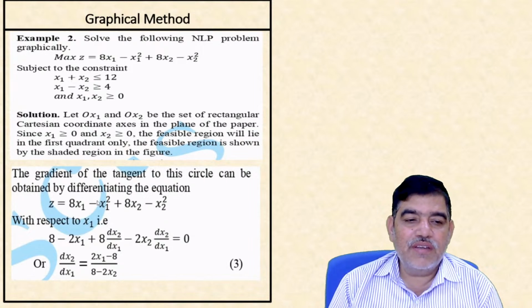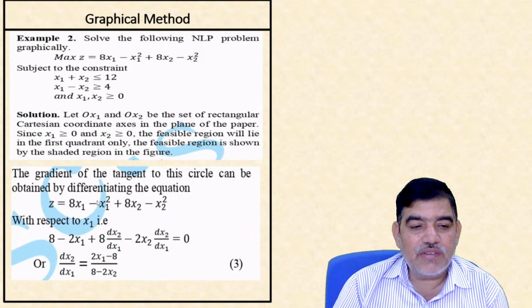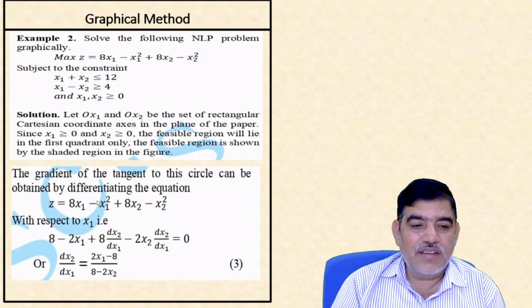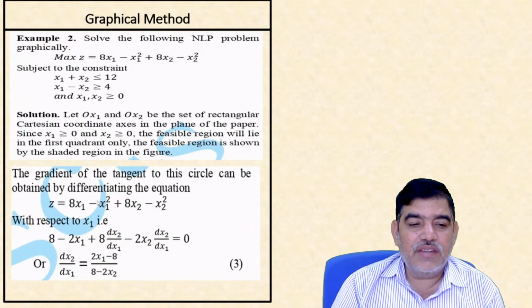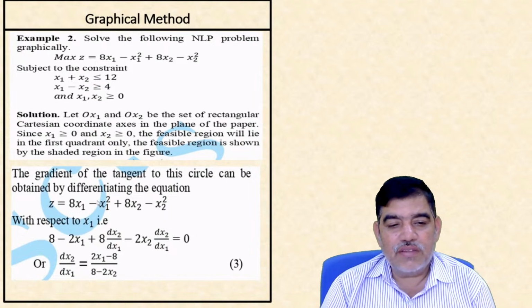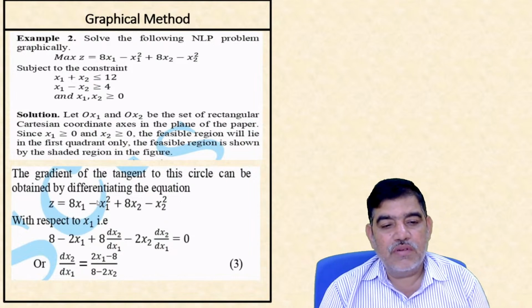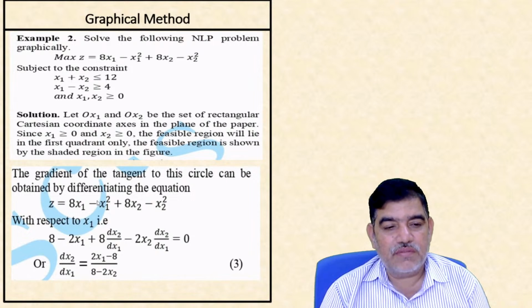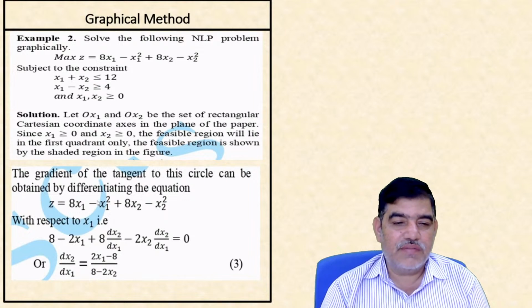So if we differentiate with respect to x1, that means x2 is treated as a variable of x1. Then we get 8 minus 2x1 plus 8 dx2 divided by dx1 minus 2x2 dx2 divided by dx1 equal to 0, because we differentiate the objective equation on both sides.